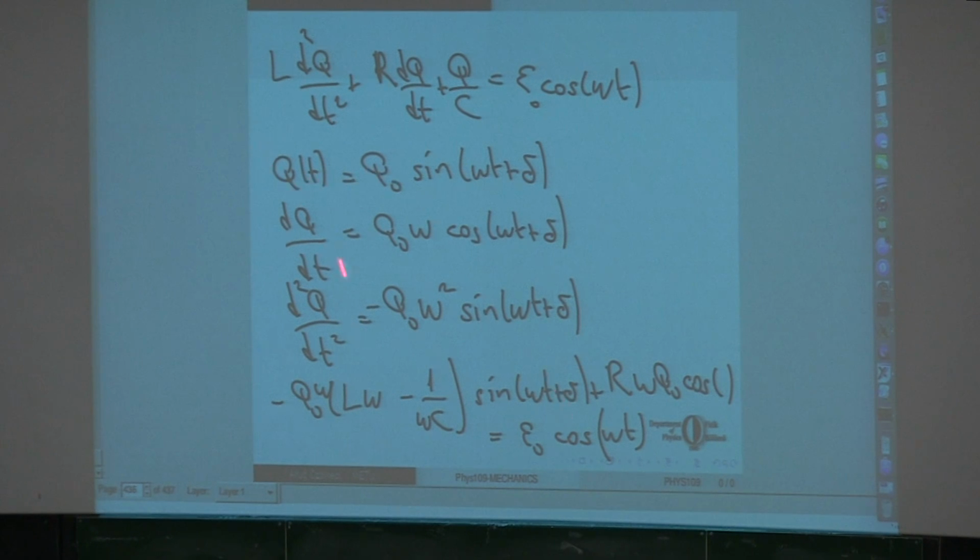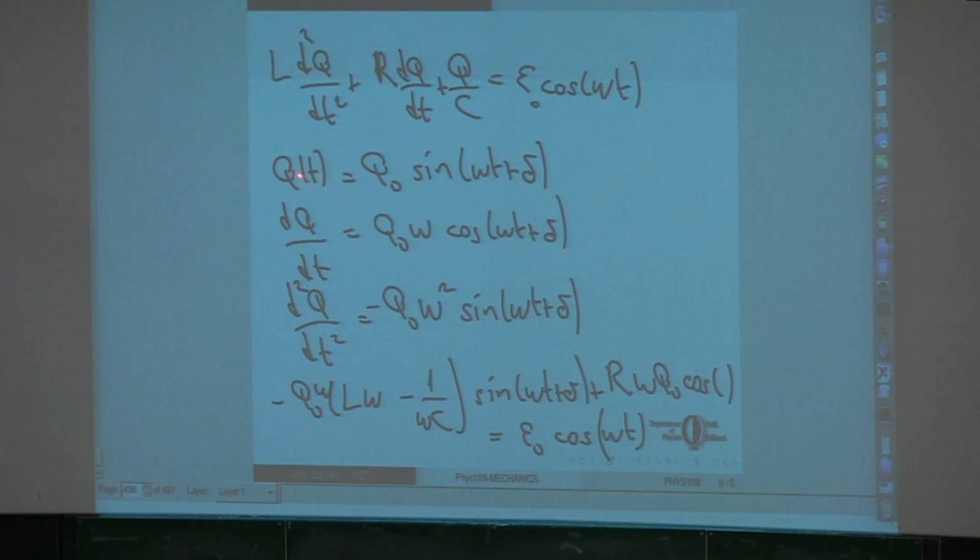Furthermore, if you look at all these three equations, they all have the same angle, but some of them are sine, some of them are cosine. Sine and cosine just differ by 90 degrees. So the vectors corresponding to these will be either in the same direction, in opposite direction, or at 90 degrees.